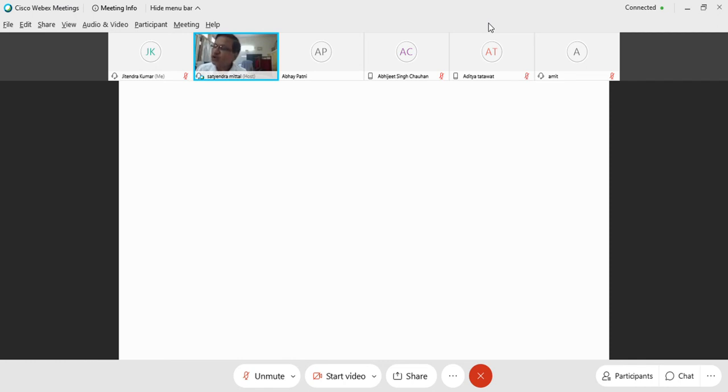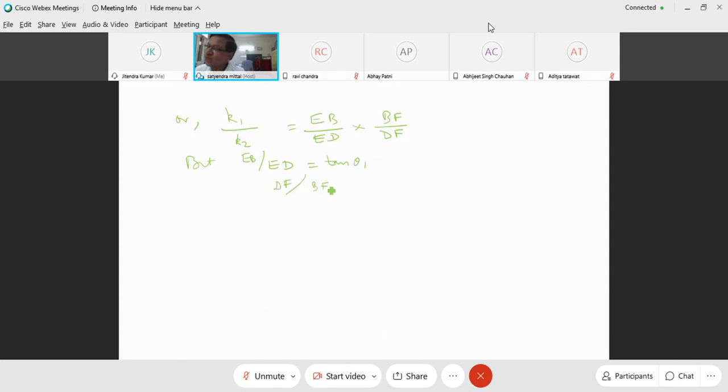Or on simplification, we can say that K1 upon K2 is equal to EB upon ED into BF upon DF. But from the above diagram, EB upon ED is equal to tangent theta 1 and DF upon BF is equal to tangent theta 2.